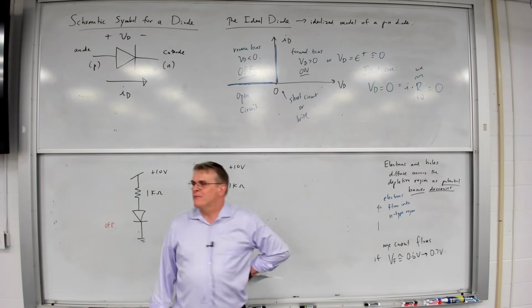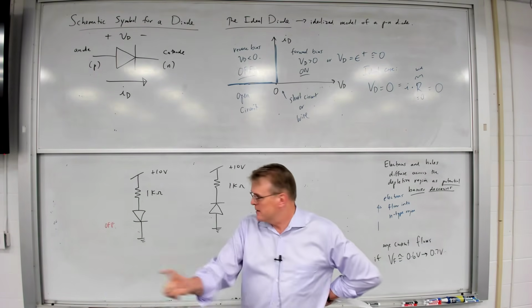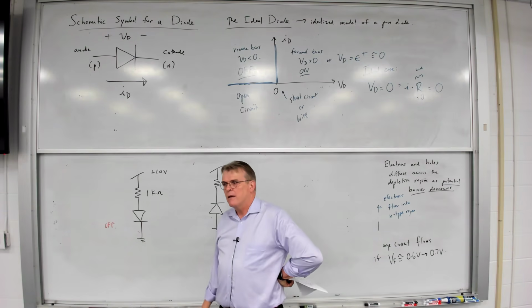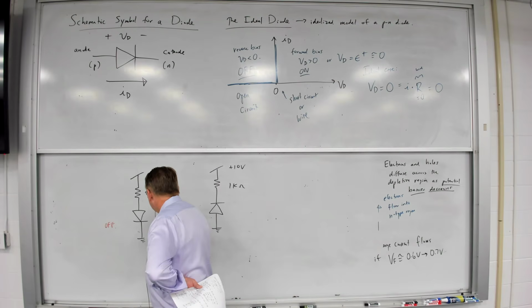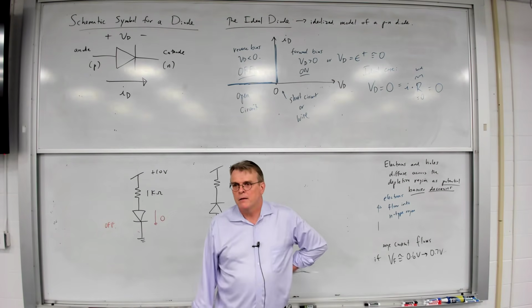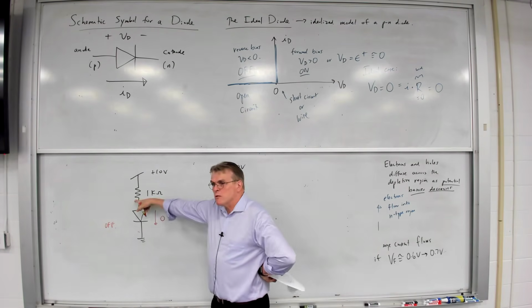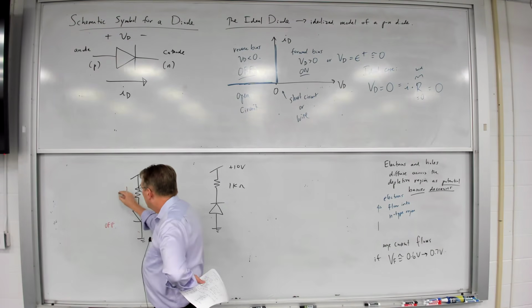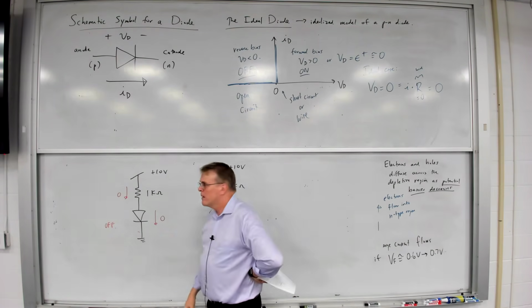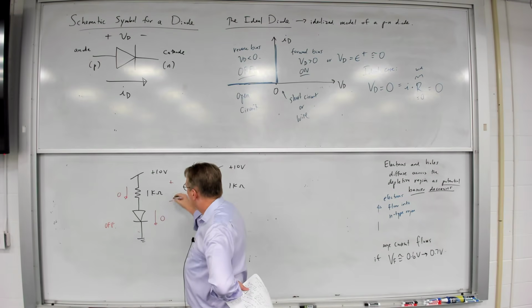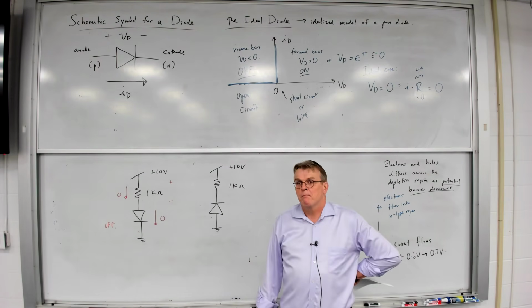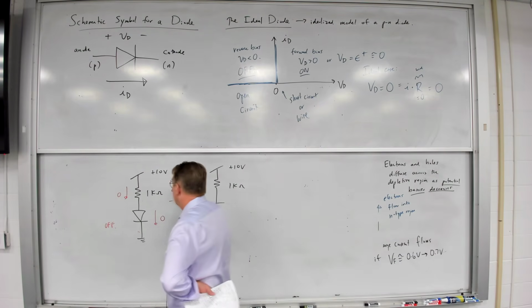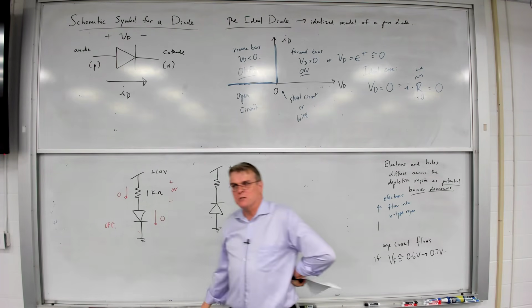The diode is off. Watch what I'm doing here, guys. If the diode is off, the current through that diode must be equal to 0, which means the current through this resistor is equal to 0. What's the voltage drop across that resistor if the current's equal to 0? 0 volts, right? No current through the resistor.